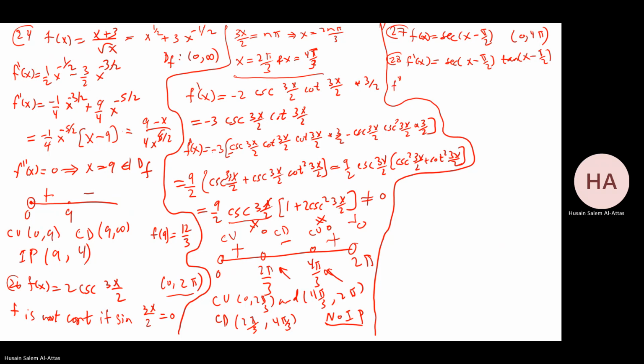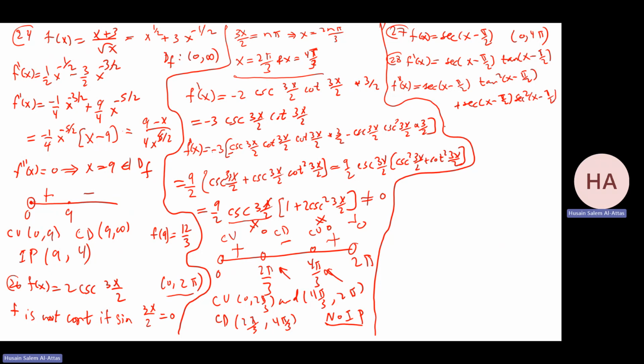F double prime will be what? Same problems. Secant tan, that will be secant x minus pi over 2 tan times tan square x minus pi over 2 plus secant x minus pi over 2 secant square, derivative of tan, which is secant square x minus pi over 2.